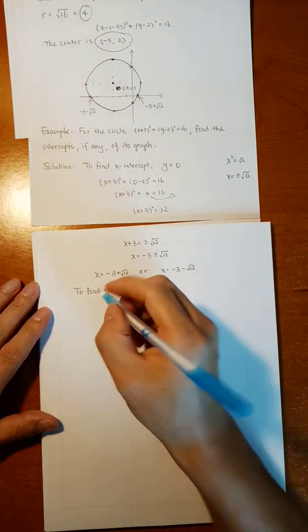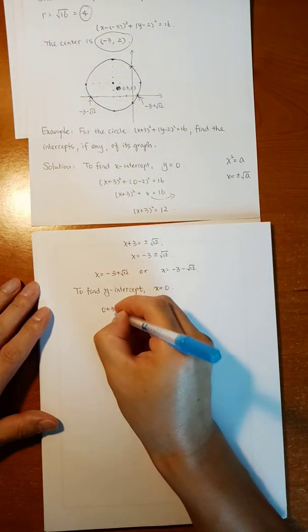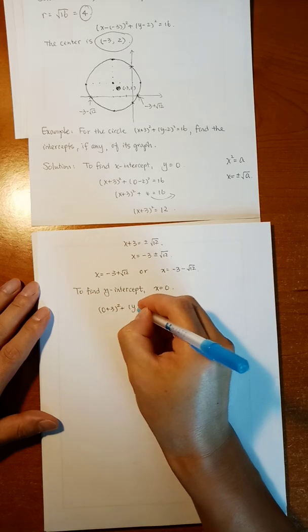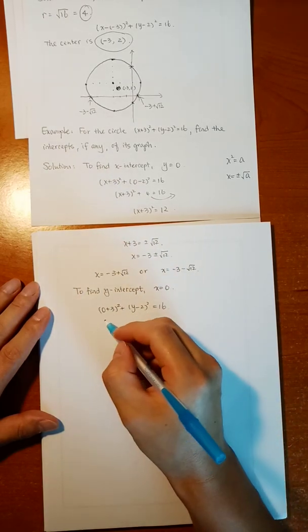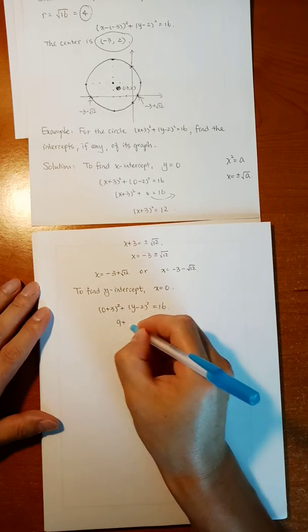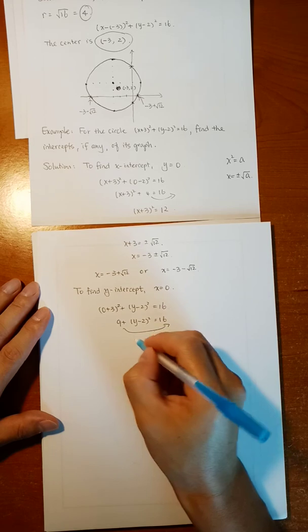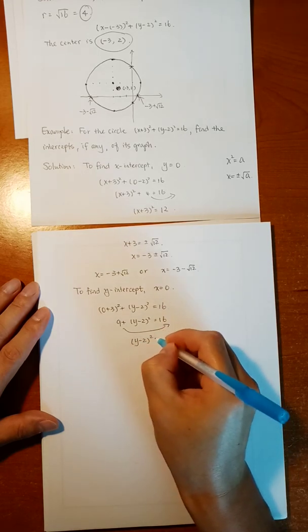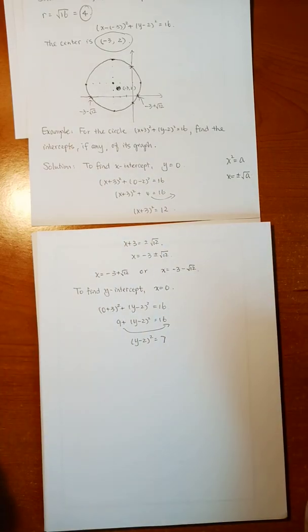So it's 0 plus 3 squared plus y minus 2 squared is equal to 16. 0 plus 3 is 3. 3 squared is 9. So it's 9 plus y minus 2 squared equal to 16. You move 9 to the right side. 16 minus 9 is 7. So y minus 2 squared is equal to 7.